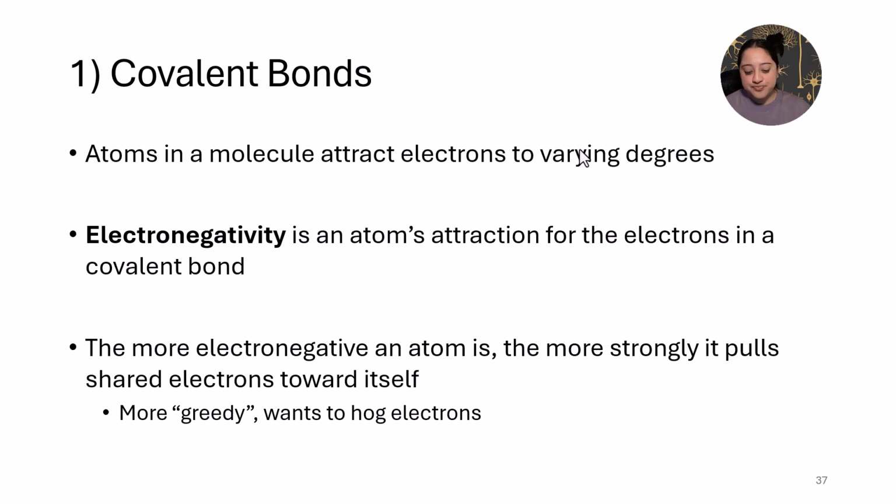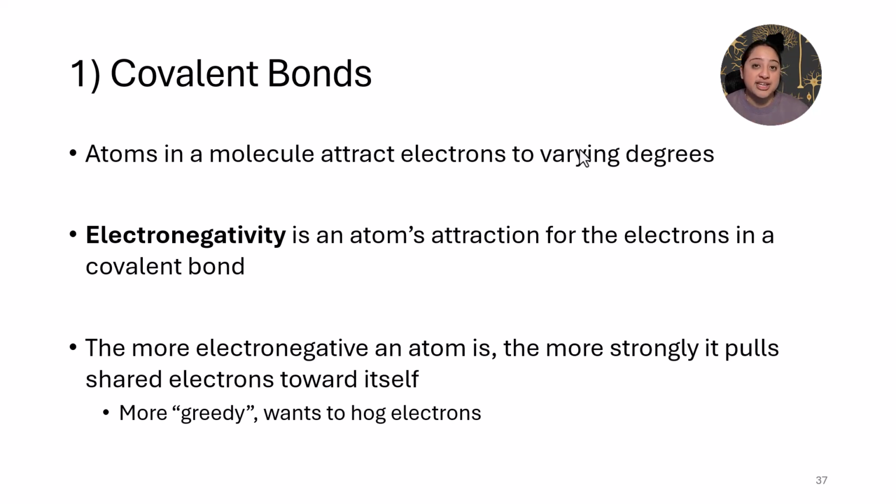So that is all assuming that they can evenly share electrons. But atoms can be different. They can attract electrons to different degrees. So sometimes they attract electrons really strongly. Sometimes they don't attract electrons super strongly, and so they kind of lose their electrons.